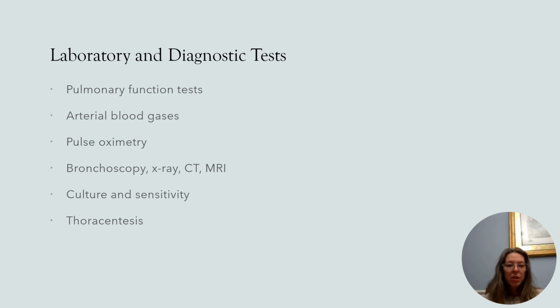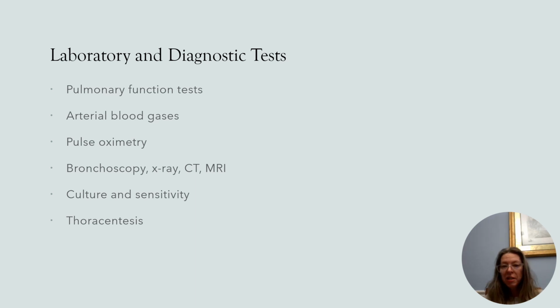Some of the tests that we do if someone's coming in with a pulmonary condition, we use blood gases frequently, at least in my unit, because patients are changing so rapidly. You might be following blood gases multiple times throughout your day, every 1 to 2 hours, every 6 hours, things like that.